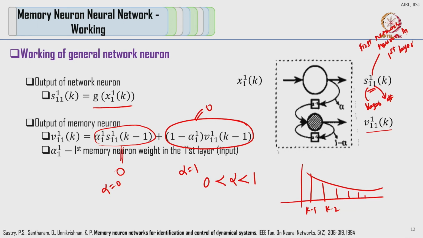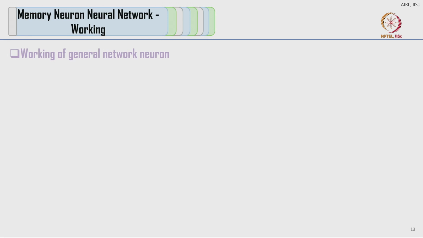So it takes the effect of past steps of input automatically, depending on the alpha value. If alpha is 0.1 and you take it three times, it becomes very small. So it depends on the alpha value how many past samples it captures. That is how the memory neuron efficiently captures the recurrent relationship very well.